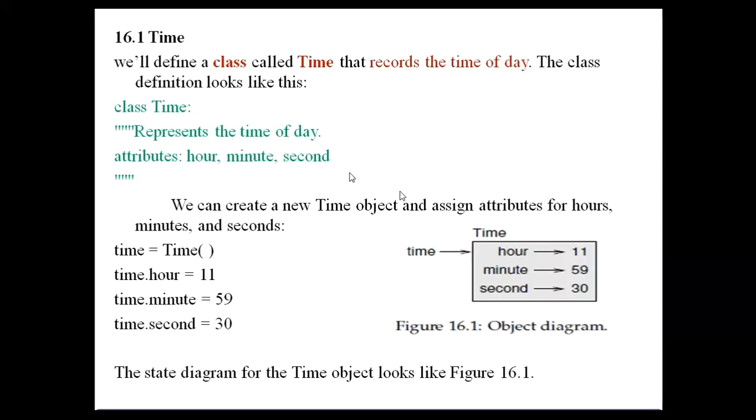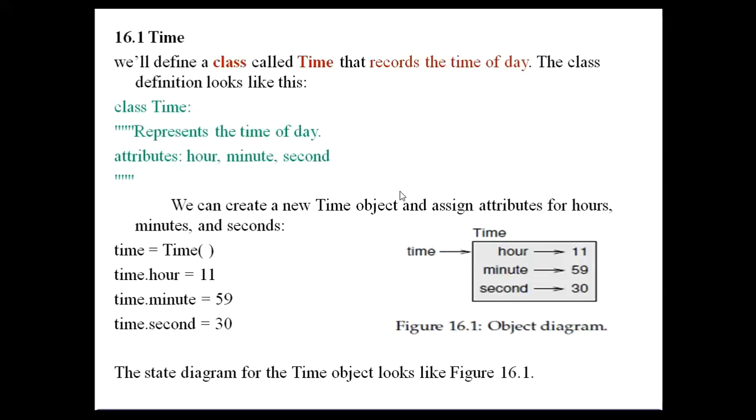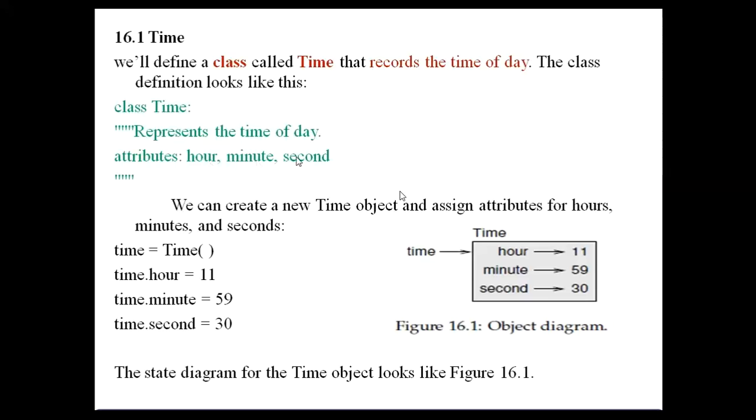we'll consider a class with the name Time. This class Time records the time of the day. So this is the definition of a class. In order to create a class with the name Time, we are going to use one keyword, that is class. This class Time will have three attributes: hour, minute, second.